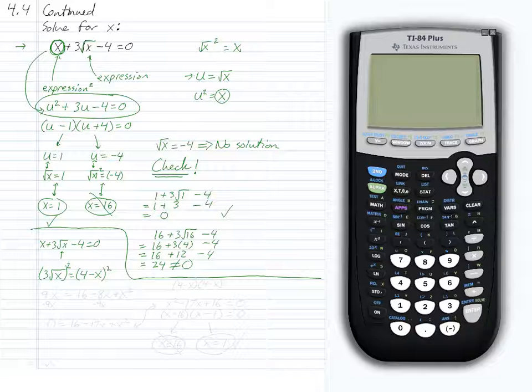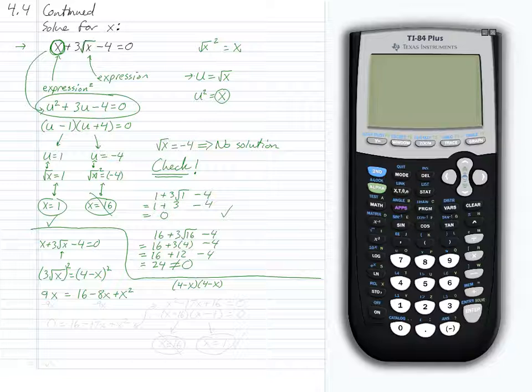And don't forget you also have to square that 3. So 9 times x is equal, and we have to FOIL out 4 minus x squared. So that leaves me with 16 minus 8x plus x squared. And if you don't believe that, you can always factor that back, or you can FOIL it out, 4 minus x, 4 minus x.